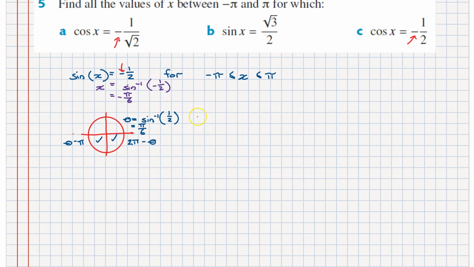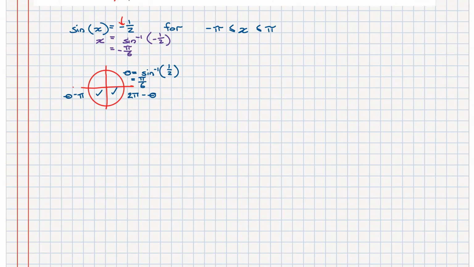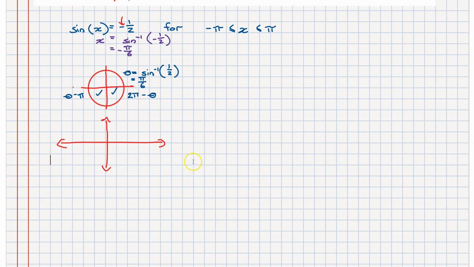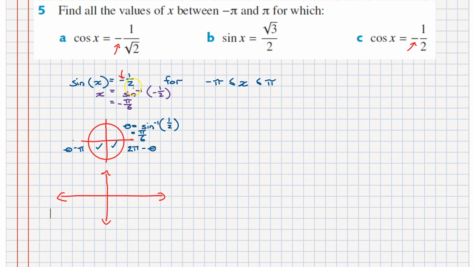Alright, now, before we go any further, we'll have a look at a quick sketch of what we're doing. So what we've got is our Cartesian plane here, and recall that we're looking for sine of x equals negative a half.